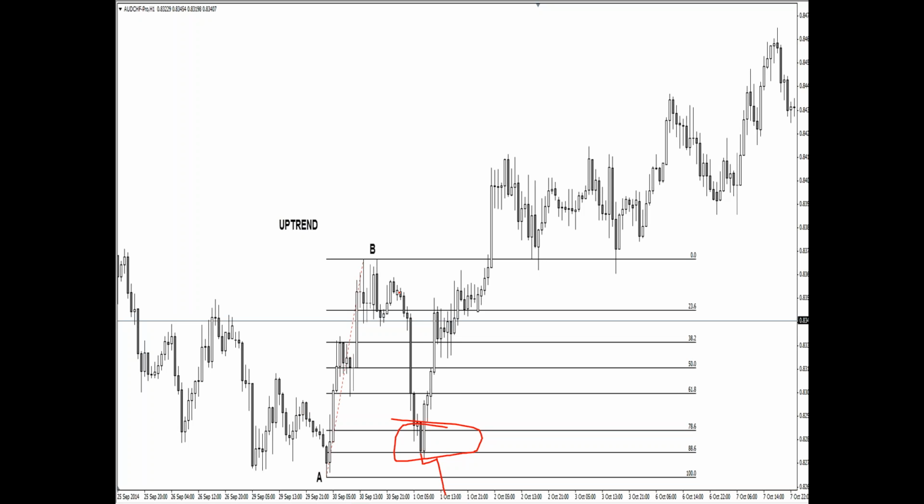Now, when price gets from A to B and starts to retrace, the first way you can spot a retracement is by watching the next candlestick. If the next candlestick does not print a higher high in an uptrend, you can assume that the retracement has already started.